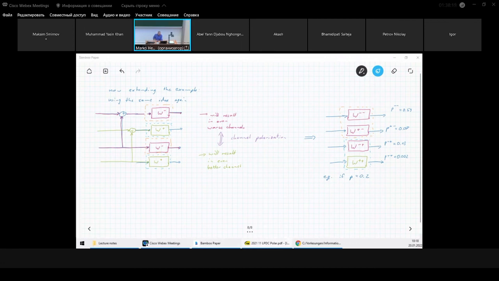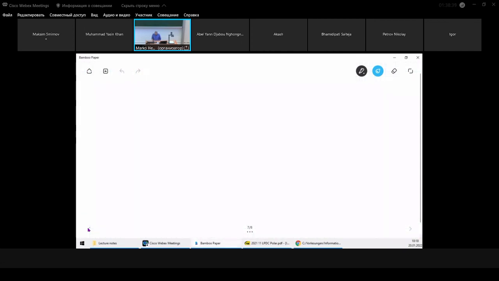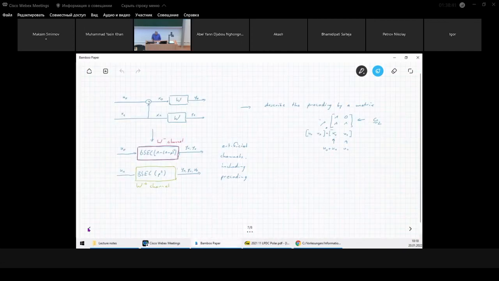Still, we have one more thing to think about, unless there are questions related to this polarization. Of course the error probabilities will scale up.